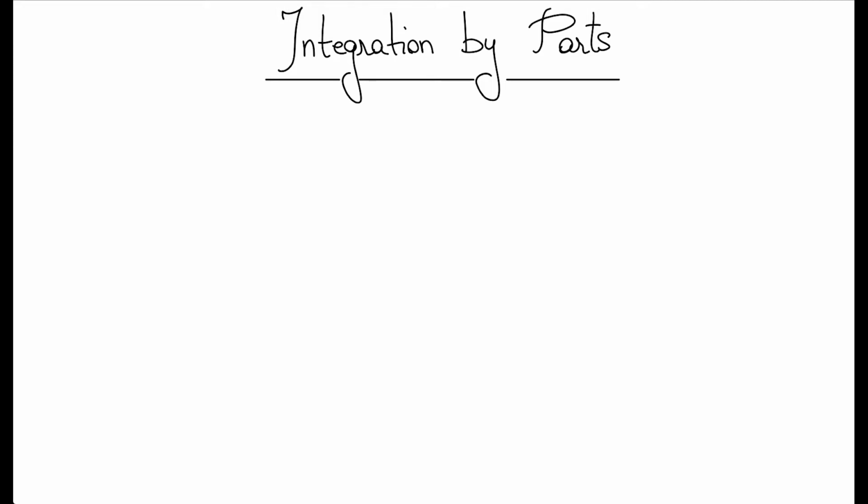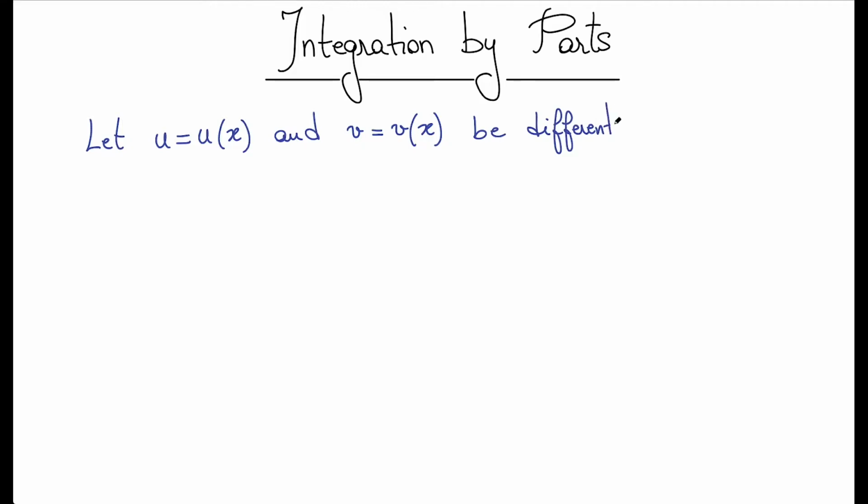What does it state? Well, it states the following. Given two functions, u, which is a function of x, and v, which is a function of x, that are differentiable. Remember, differentiable means their derivative exists throughout their domain.